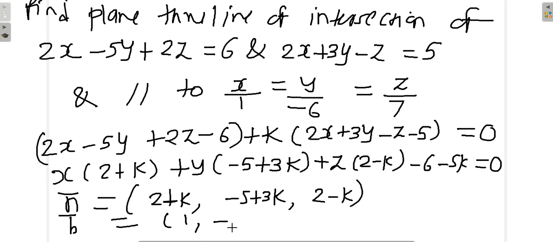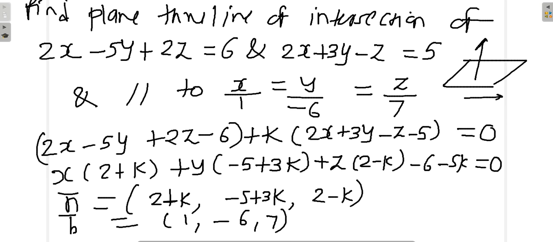Again I am skipping ijk. Now since the plane and line are parallel, the normal will be perpendicular to b. So the dot product of n and b is equal to 0 gives me the value of k. I substitute the value of k here and I get the answer. So let me do n bar dot b bar equal to 0.